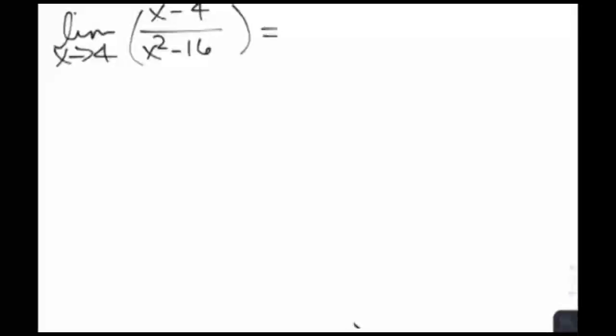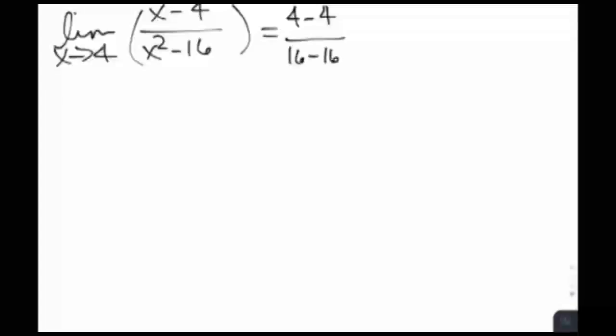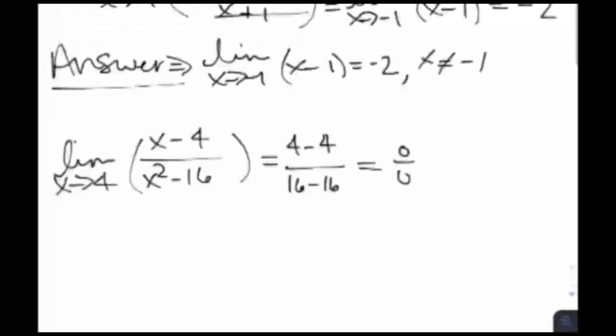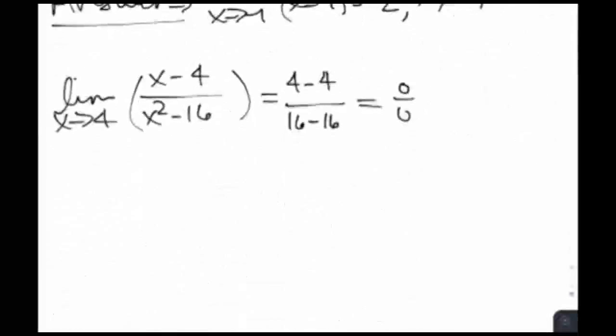Let's show it out here. We get 4 minus 4, and 4 squared is 16 minus 16. And then simplify it out, you get the indeterminate form of 0 over 0. The next thing you need to do, like we did in the problem up here, is we need to solve it.